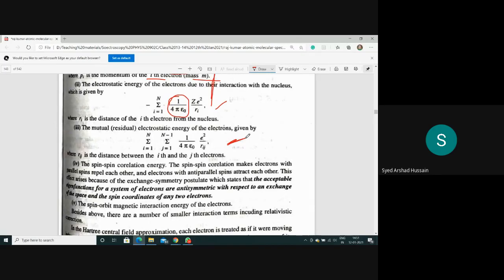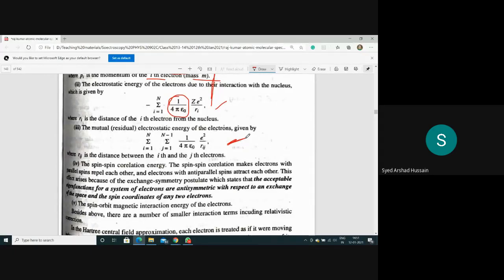Since electrons are charged, electrostatic interactions will occur between the electrons themselves. So this is called mutual or residual electrostatic interaction energy, because if you have N number of electrons, then each and every electron will interact with the remaining N minus 1 electrons.